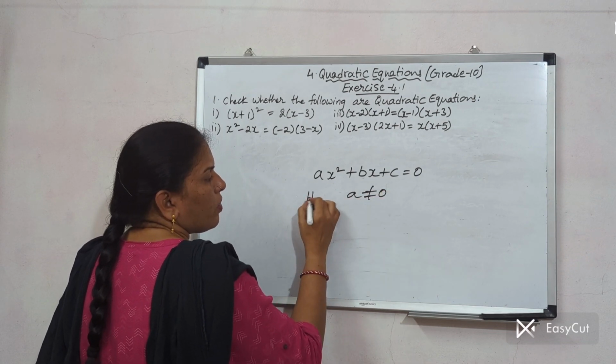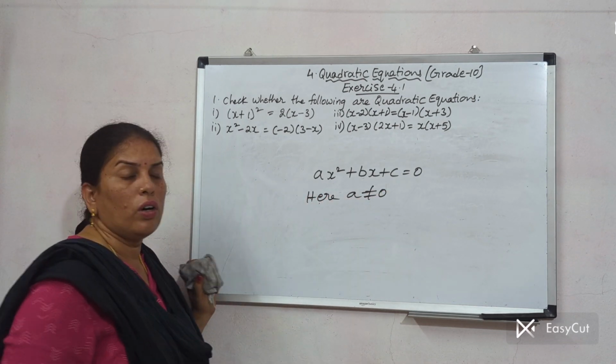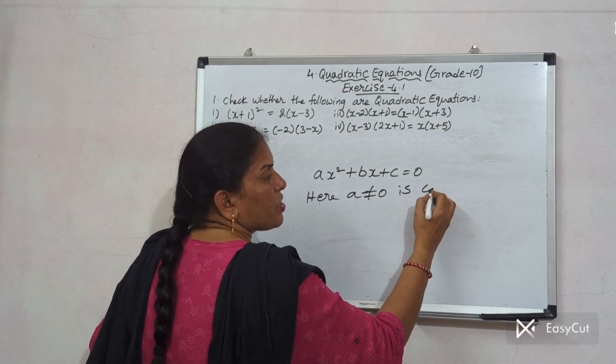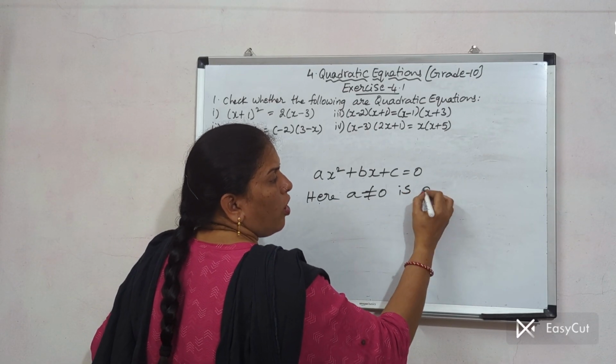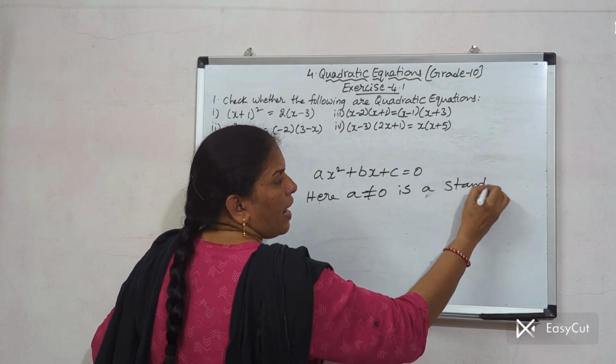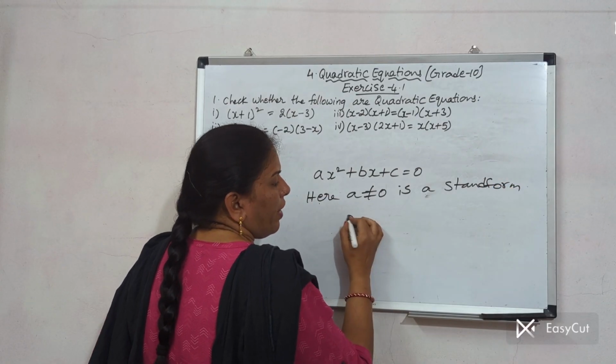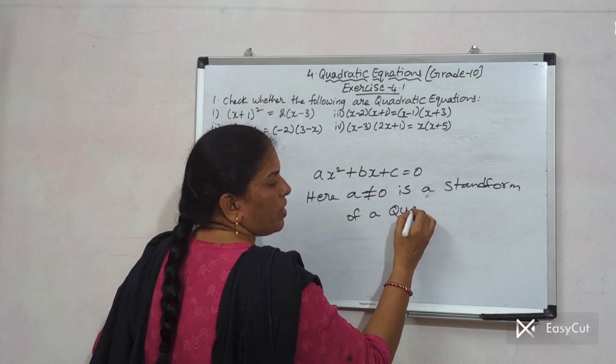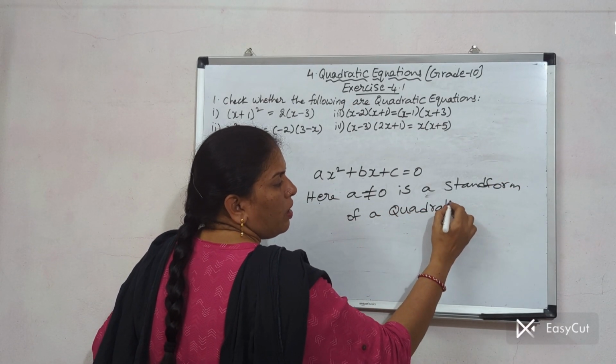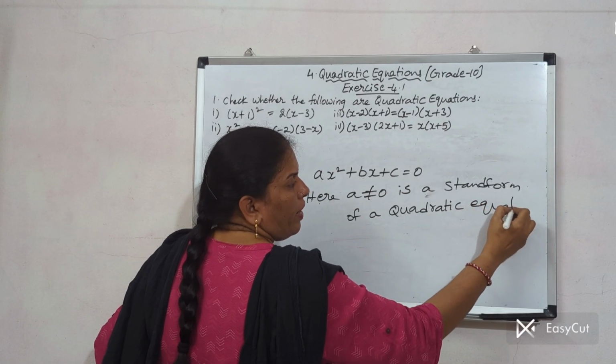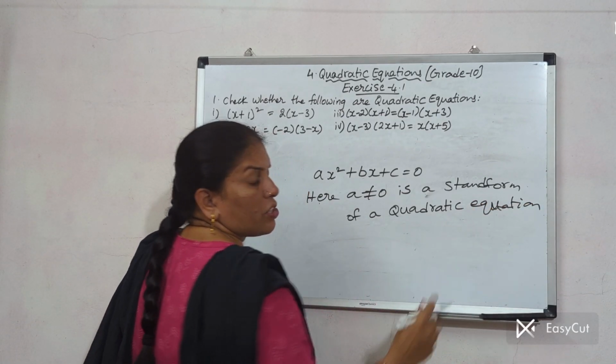Here a not equal to 0 is the standard form of a quadratic equation. All of you understood?